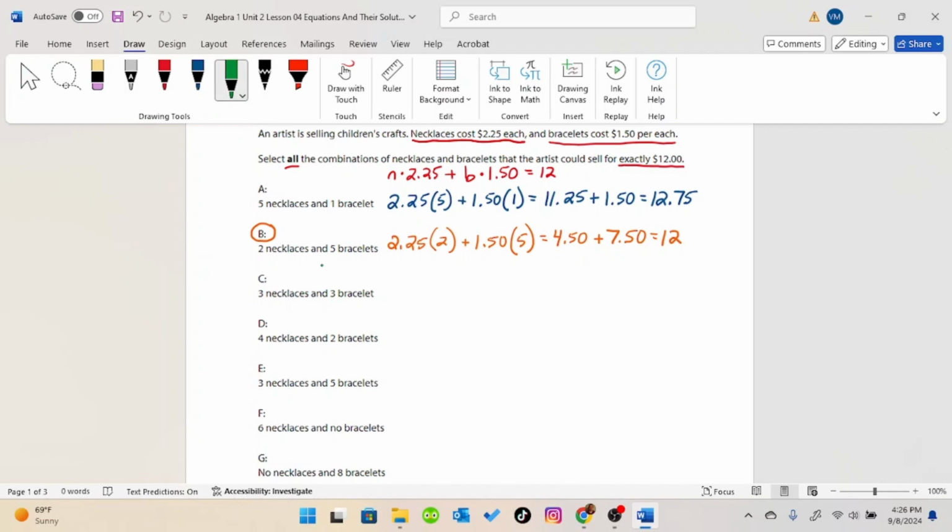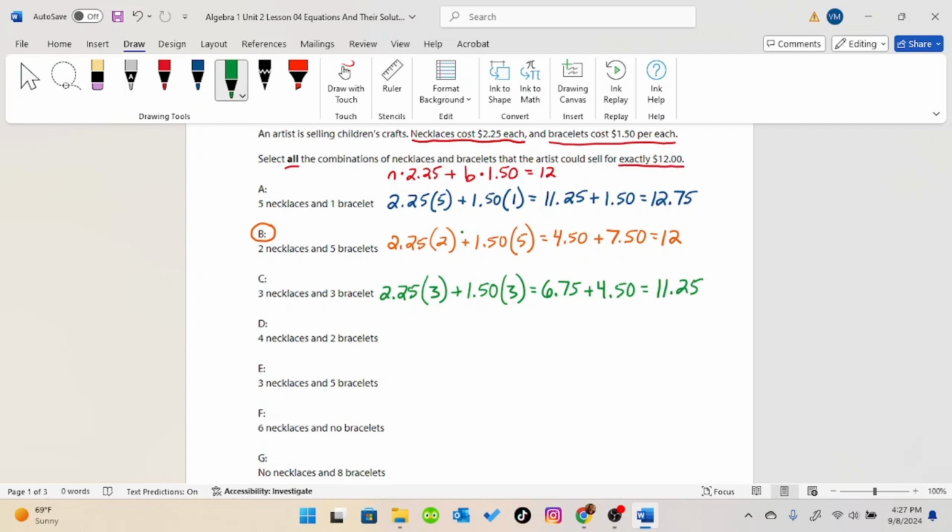Choice C. We have 2.25 times 3 necklaces plus $1.50 times 3 bracelets. $2.25 times 3 is $6.75. $1.50 times 3 is $4.50. $6.75 plus $4.50 is $11.25.